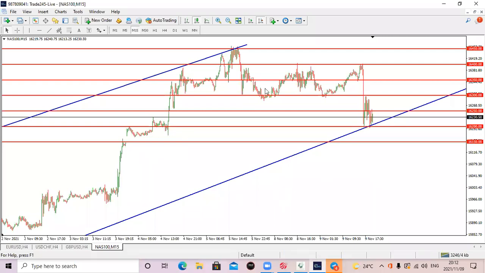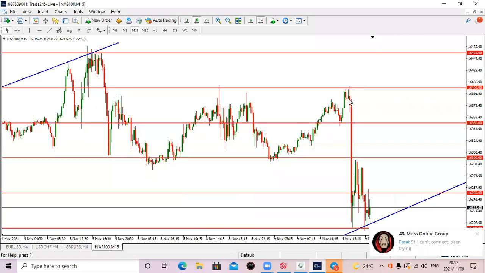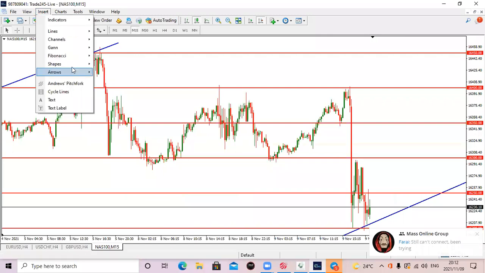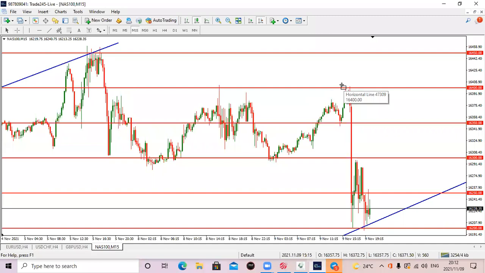Just look at it, guys. Look how beautiful that sell is. Now let's talk about this sell. The sell here came all the way from here. I know most of you analyzed, but some of you didn't take the sell. Like me, I didn't take the sell because I missed the entry.